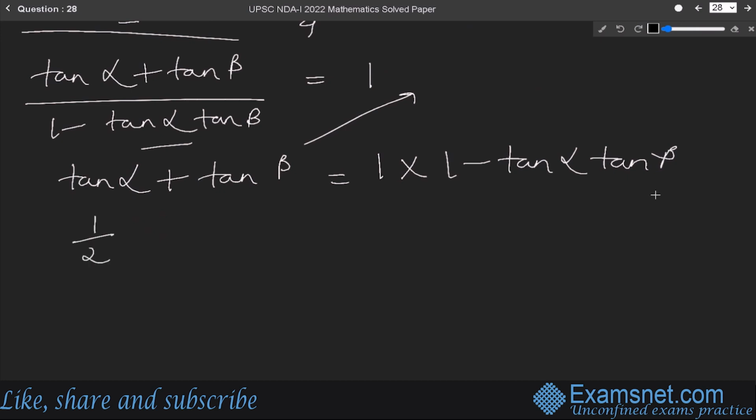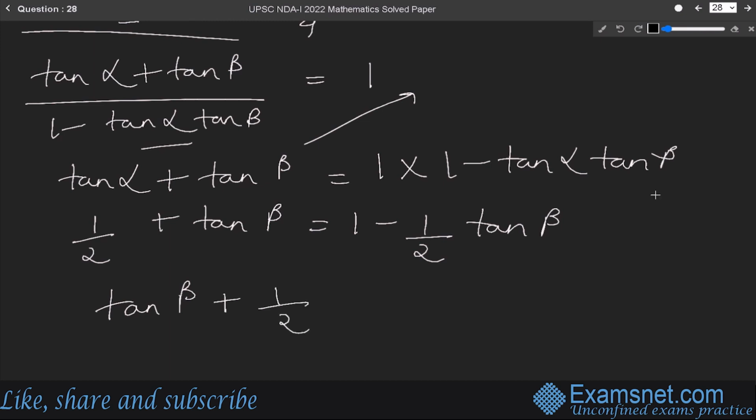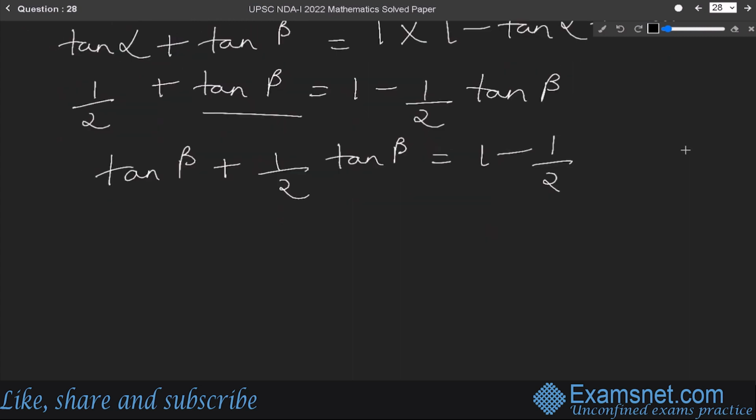So 1 by 2 plus tan beta is equal to 1 minus 1 by 2 tan beta. Now tan beta plus half tan beta is equal to 1 minus 1 by 2. What I have done is I have taken the terms which have tan beta on one side and the numbers on the other side. So further solving it, we get 3 by 2 tan beta is equal to 1 by 2.